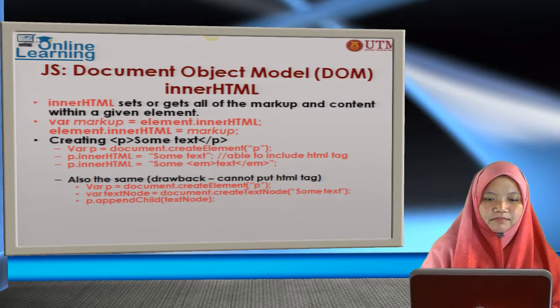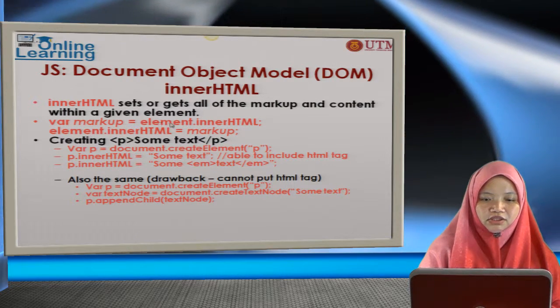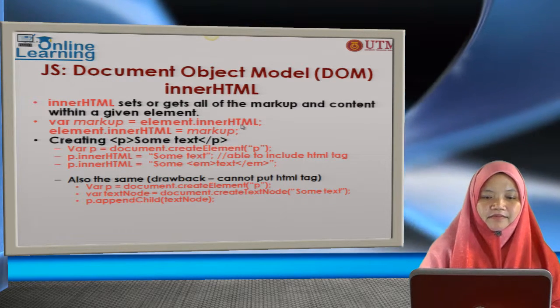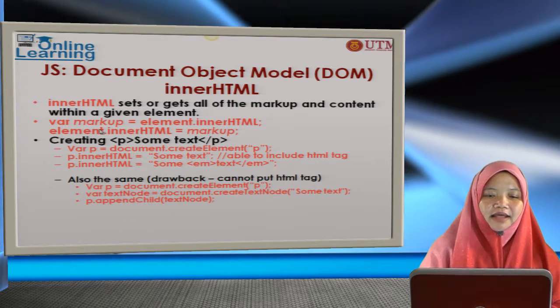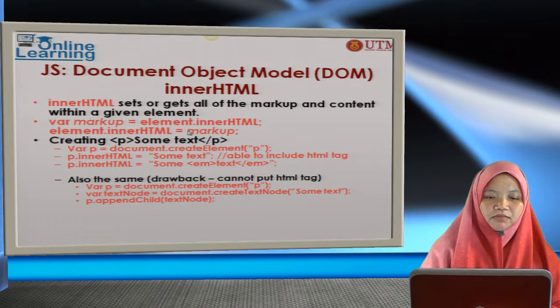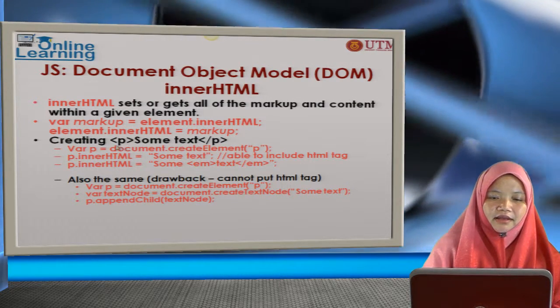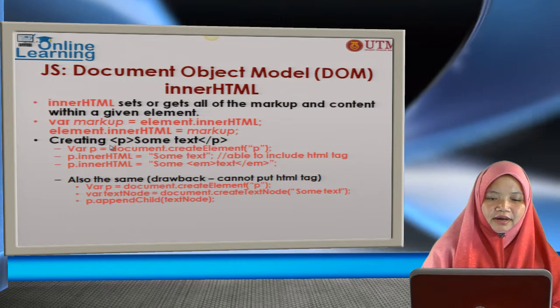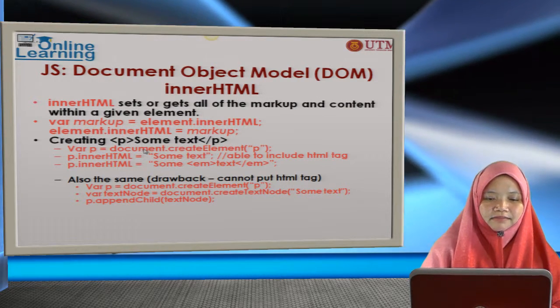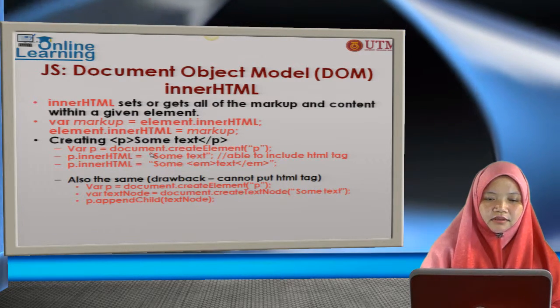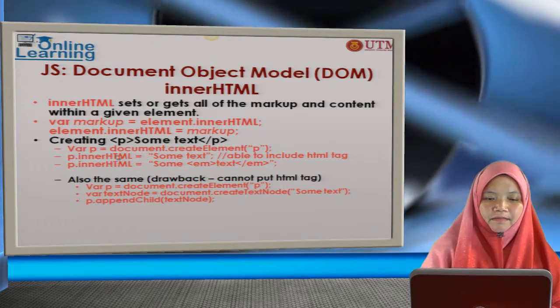For example, here is markup equal to element.innerHTML, right? And then element.innerHTML equal to markup. So this is the way you apply it, right? And then you start to create some text here to see the changes. Okay, you can see here the way you apply it.